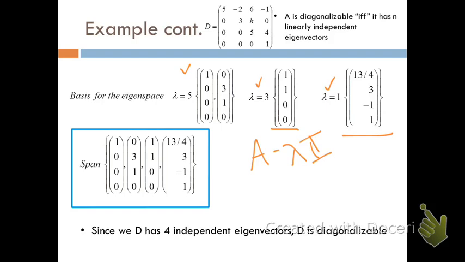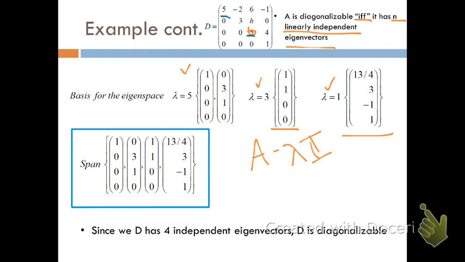Now what do we notice here? Let's go back again to our diagonalization theorem. It tells us that A is diagonalizable if and only if it has n linearly independent eigenvectors. So we noticed that we had multiplicity 2 for our 5.